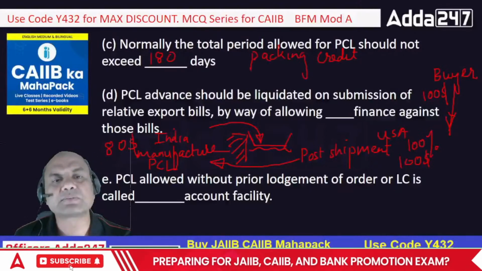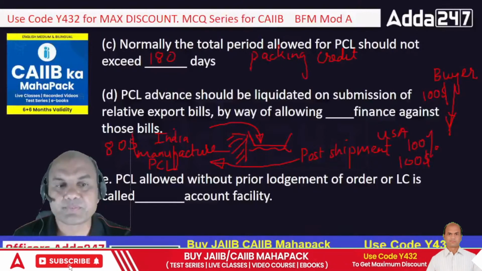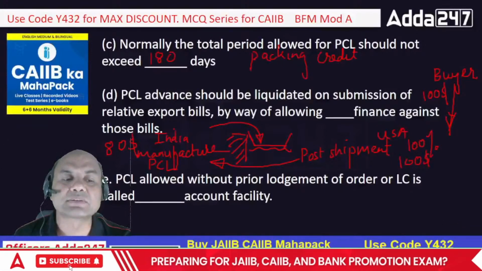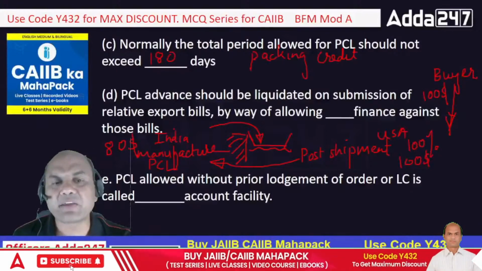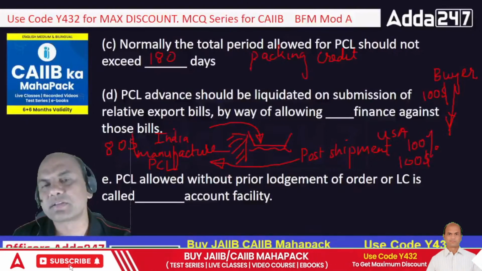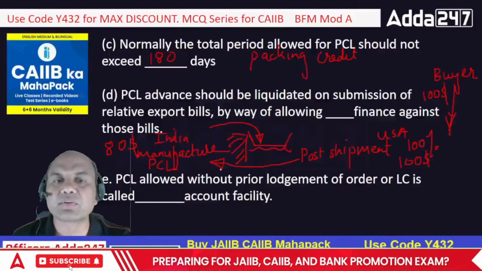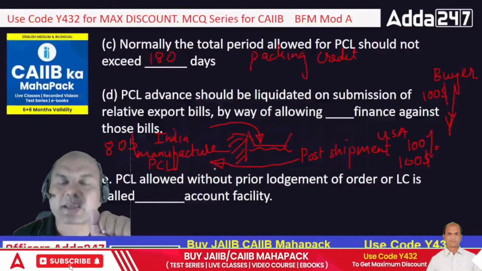It can be a normal customer like you and me also, who have a proven track record. When you are a regular customer of the bank, the bank won't ask you much documentation, because if you are regular, you are sending the documents, you are sending the goods, and then you'll have this packing credit.